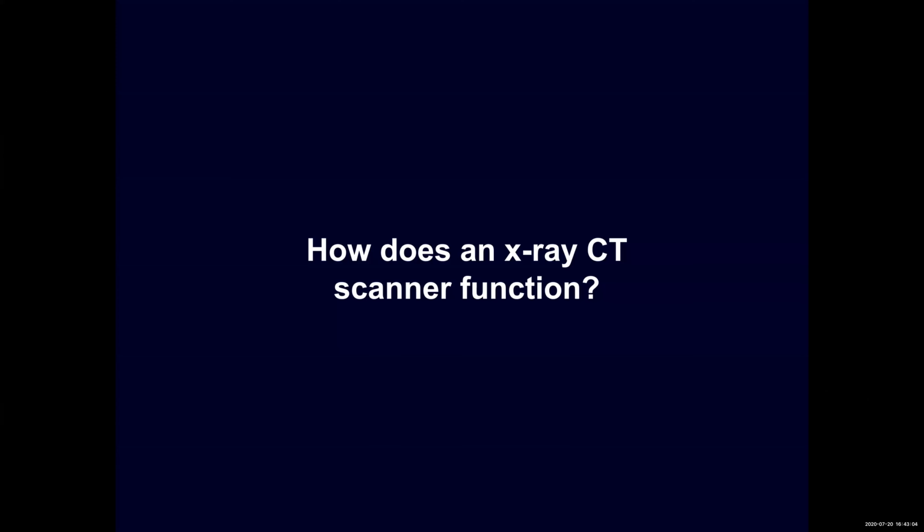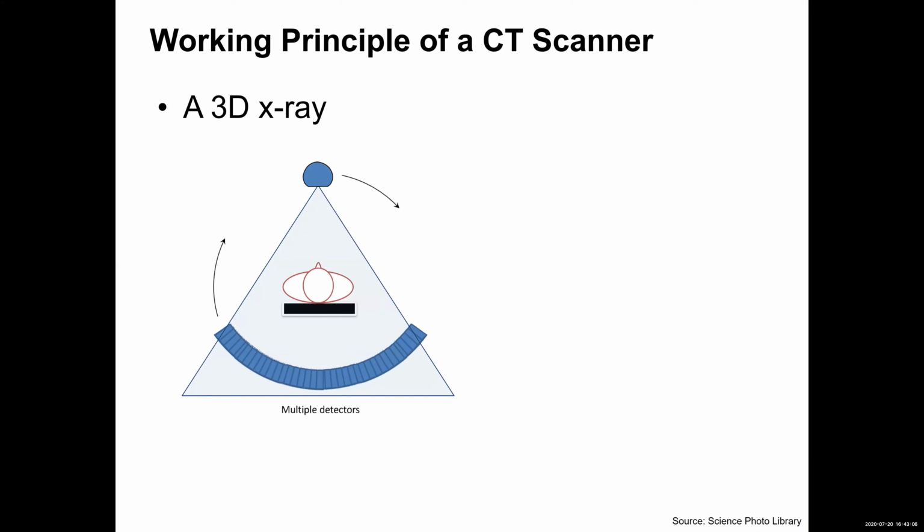Starting off with how it works, the simplest way to explain a CT scanner would be to compare it to a three-dimensional X-ray machine. There's an X-ray emitter which produces X-rays which go through the sample, and behind the sample are detectors to measure how much of the emitted X-rays are left after going through the sample.